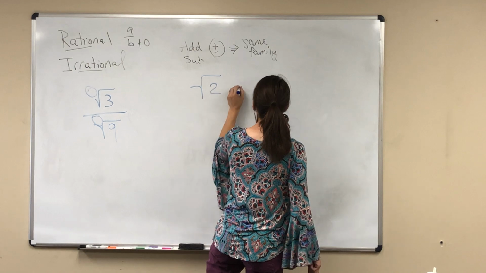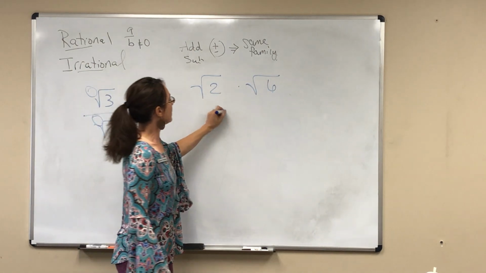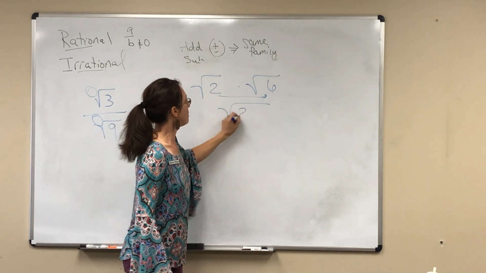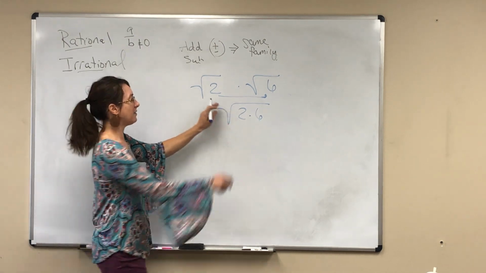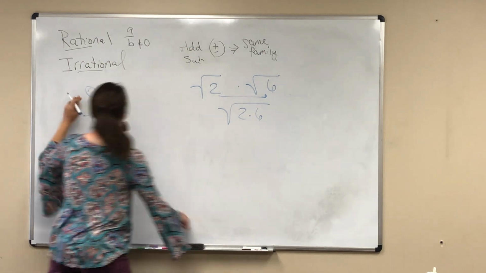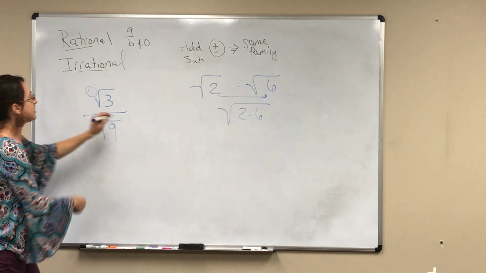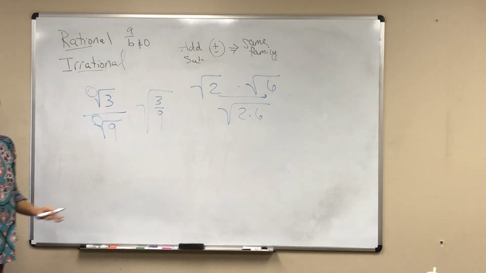We multiplied. We left our radical with our index the same and we combined this underneath the radical. If it was underneath, it had to stay underneath. So if they're the same, if they're underneath, they can stay underneath but combine.